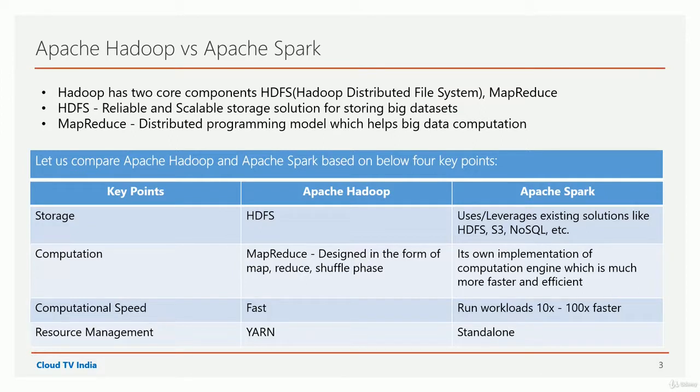Apache Spark has its own standalone cluster manager. We call it a cluster manager, or resource management tool, but generally people call it a cluster manager. But you can also use YARN, or there are other resource managers available, which we will discuss in the coming slides.